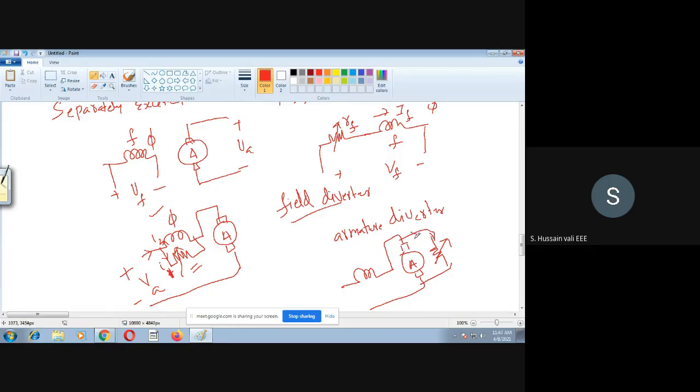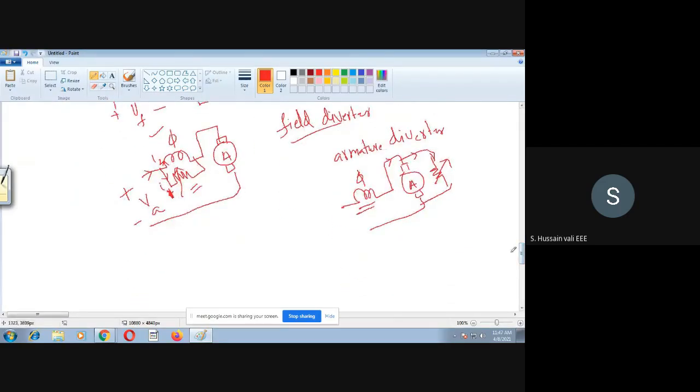Obviously the current here changes, so the current in the field winding also changes. So the flux developed by it also changes, so the speed changes. So this is the armature diverter. A diverter is nothing but you connect a rheostat. You are diverting the current to another branch, so that is how it got the name diverter.